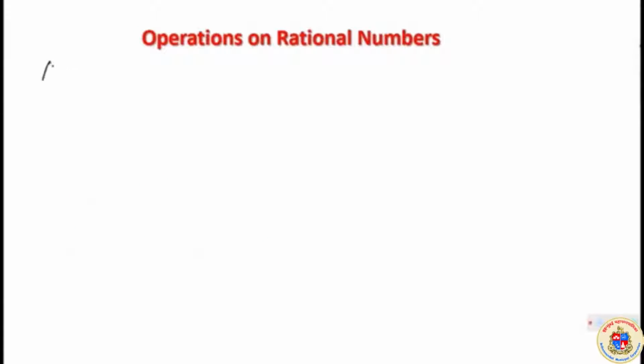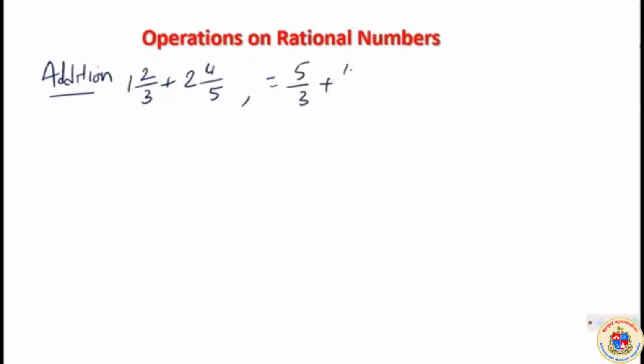Addition of rational numbers. For example, if the question is to add 1 and 2 upon 3 plus 2 and 4 upon 5, it's a mixed number. Immediately we will convert this into 5 upon 3 plus 14 upon 5. Then we will apply our common sense. Denominators are different. LCM is 15.